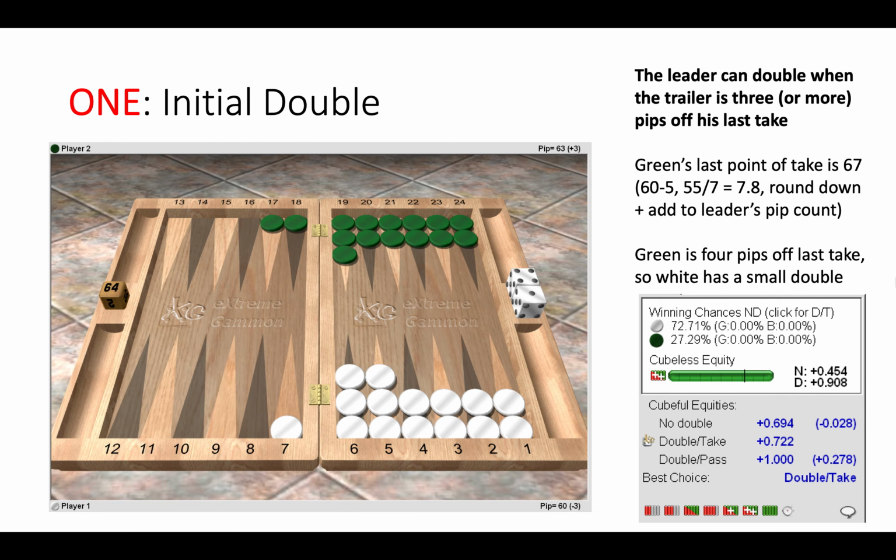And because green is 4 pips off the last take, white does have a small double. It's only a small double because it's 3 or more, and here we only have a 4 pip difference from the point of last take. So there you can see that white has a small double on the right hand panel.